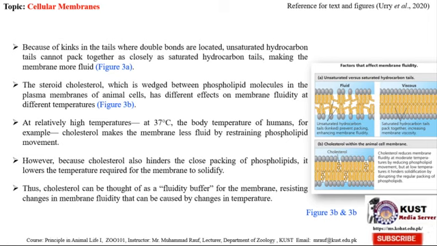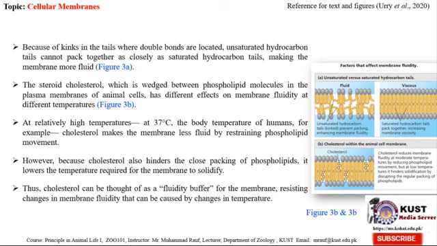So as compared to animals, plants have low levels of cholesterol. Rather, related steroid lipids buffer membrane fluidity in plant cells. So in plants the level of cholesterol is low, but there are related steroid lipids which act as buffers in plant cells. Membrane must be fluid to work properly.